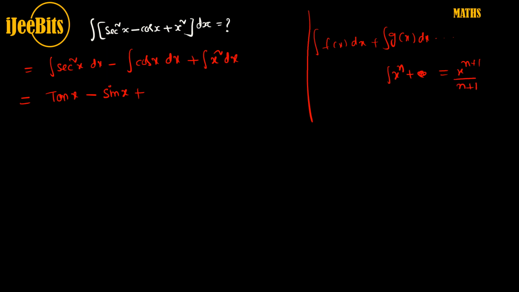So we apply this to x square: you raise the power by 1, x to the power of 3 by 3, and you add one constant. You don't need to add a separate constant for each one; a constant plus a constant becomes a constant, right? So this would be the solution for the given problem. Clear?